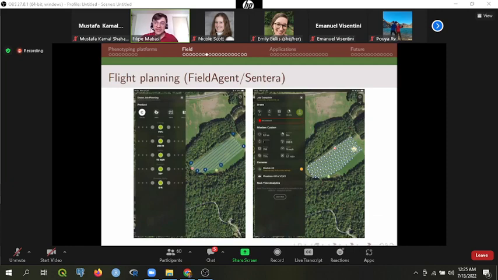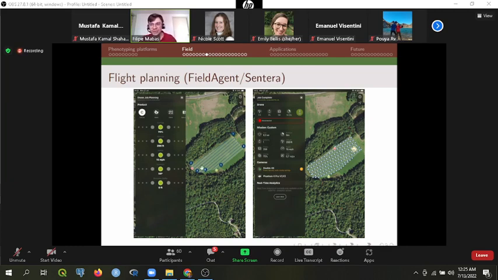Okay, let's continue here. One step that is very important. In our case, we were using FieldAgent software to collect data from Centura, but there are many open source software options as well to do it. Basically here, this is what we call the field map for flying.